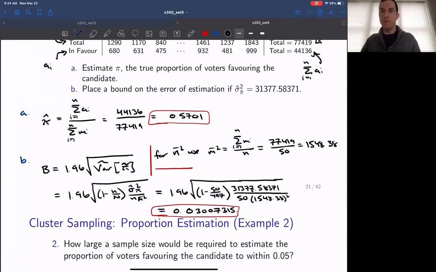Yeah, you can write the FPC check, but in this case, it's pretty obvious that you're going to have to use it because 50 over 497 is not going to be less than 0.05, but we can still write it.